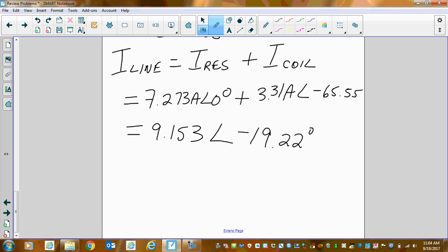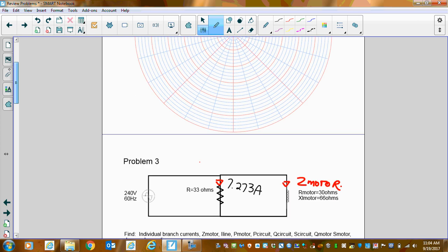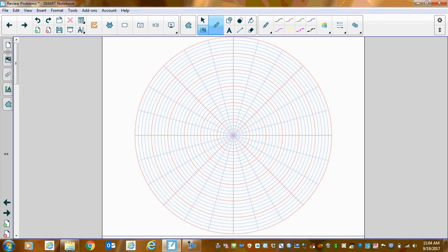Okay, now our next move is we have to plot that on the Cartesian plane. So we're going to back up here, go up toward, we're going to use this Cartesian plane here, and we want to plot those currents. So the very first thing we have to do, because it's single phase, is we need to draw what end? What's our common denominator between the branches?